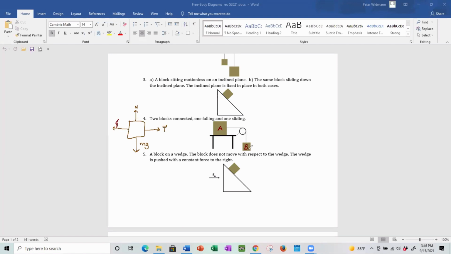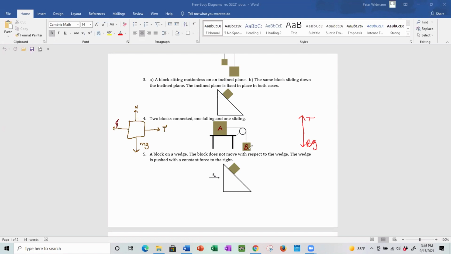So do the free body diagram for B. That was fine. We don't care about points for neatness, Daniel. Okay, so B stands for the mass of mass B, right?